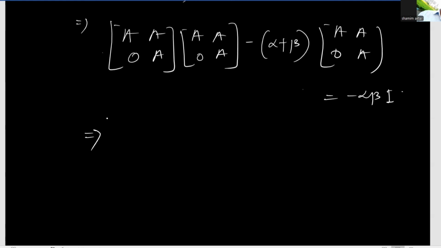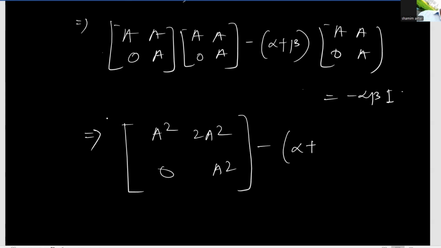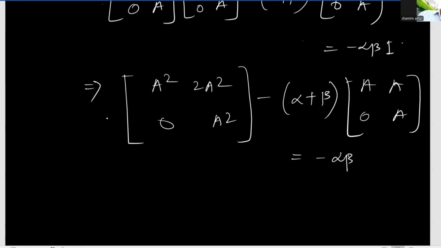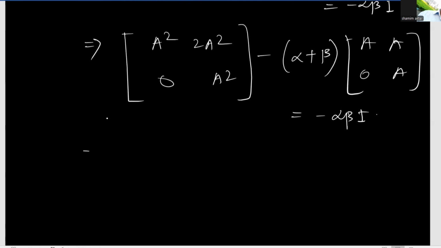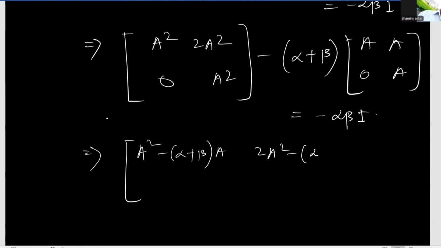So this implies the matrix with entries A squared minus alpha beta, and 2A squared minus (alpha plus beta) A, and 0, and A squared minus alpha beta.